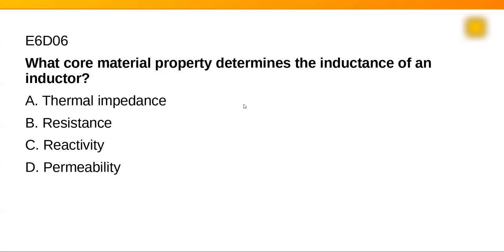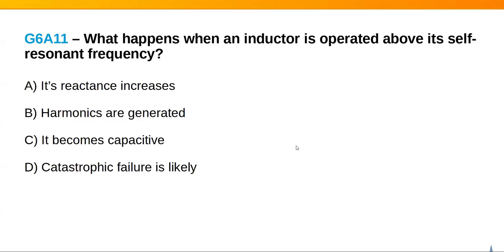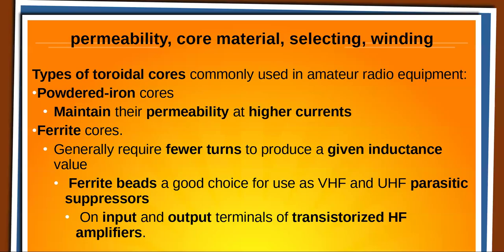It's that little mu sign, I think. Permeability. What happens when an inductor is operated above its self-resonant frequency? We did that last week. I guess if you got it maybe high enough.